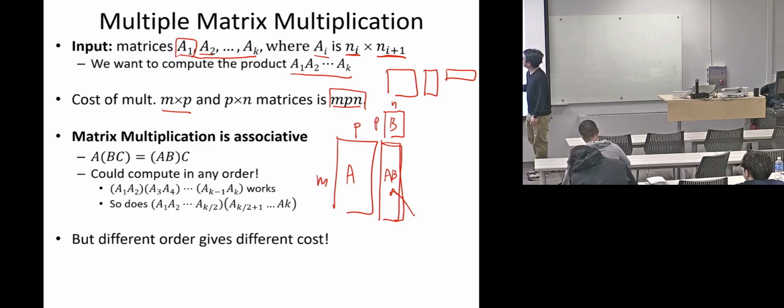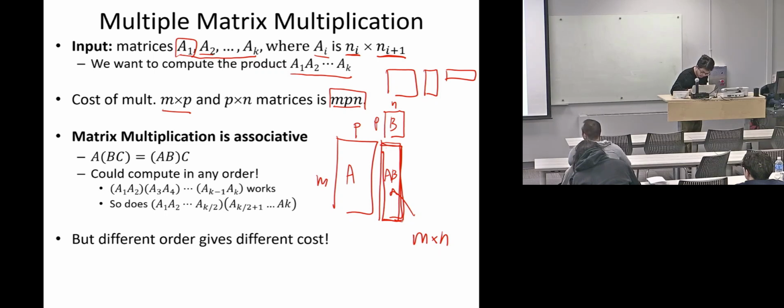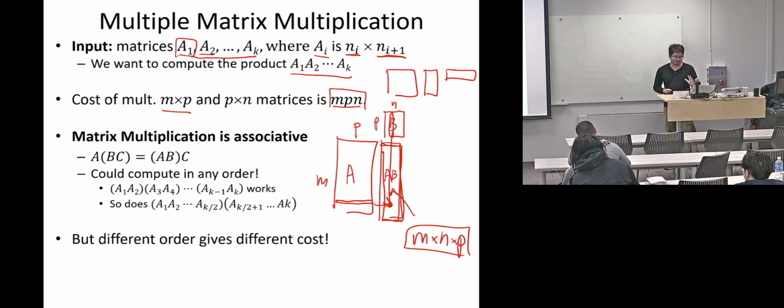Because there are going to be M times N entries here, and for each entry, you need to multiply this row with this column. So for each entry you spend this time. There are faster ways to do matrix multiplication, but let's say the cost is this.